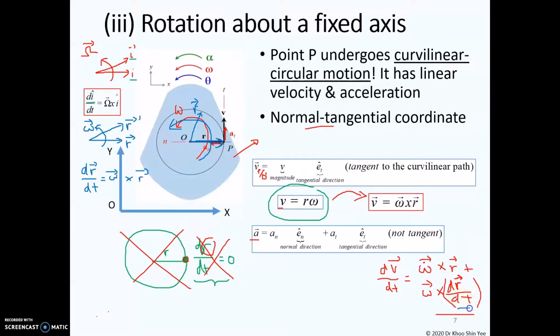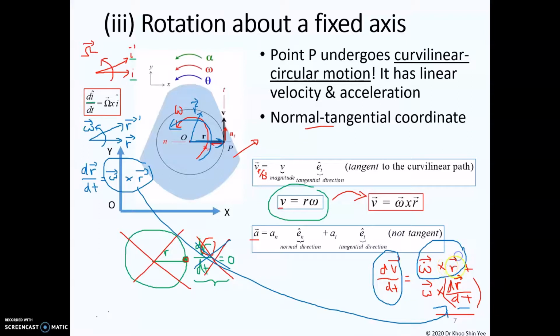So you see this term is not equal to 0, but is equal to omega cross r. Substitute inside, then you obtain the acceleration component to be the omega dot cross r plus the omega cross this term, which is the omega cross r. And you found that this term is exactly the same with this, which is the tangential velocity.